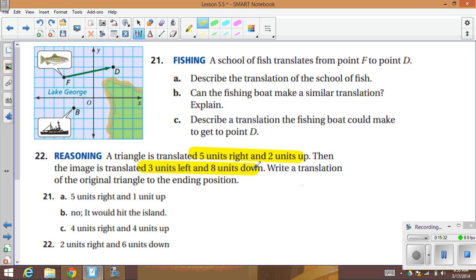So instead of going 5 right, 3 left, can I just take 5 and subtract 3 from it and get just 2 to the right? It went up 2 and down 8. So instead of going up 2 and then back down 8, I can take plus 2 because it's up, and down 8 would be considered negative 8. So 2 plus negative 8 would be negative 6, or down 6 units.